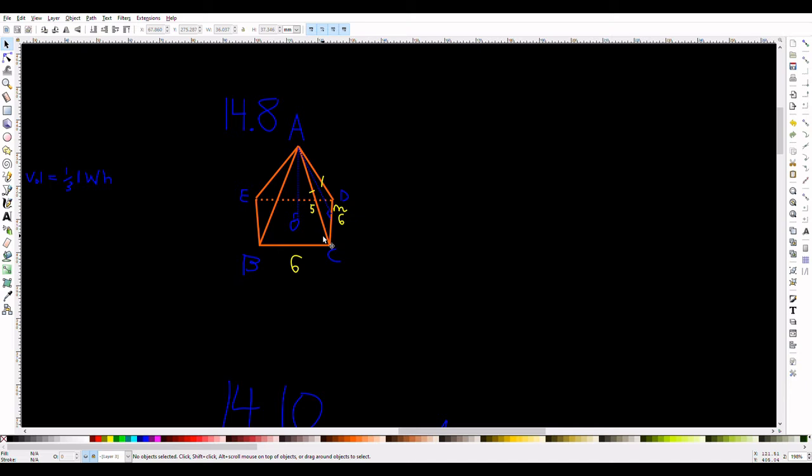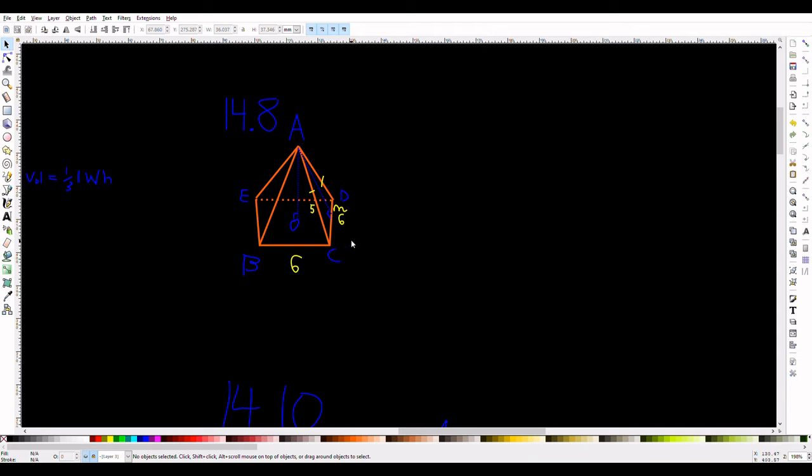Let's focus on triangle AMC and find AM. Once we've discovered AM, we'll be able to find the missing side of triangle AOM. So triangle AMC. We know that AC is 5, and that's a hypotenuse, and MC is 1/2 of CD, and AMC is a right angle.